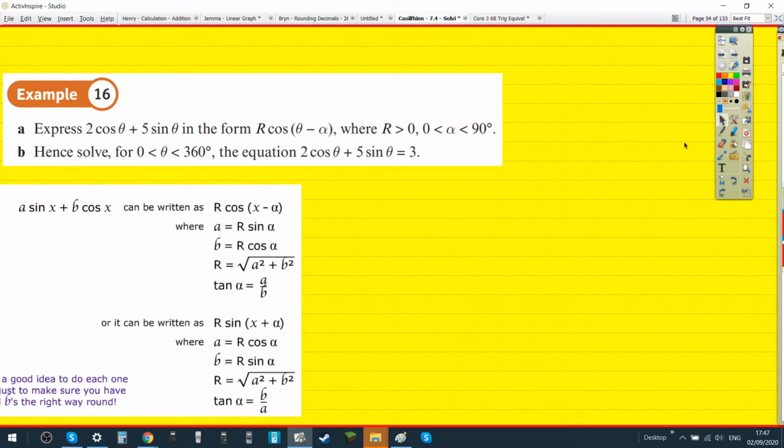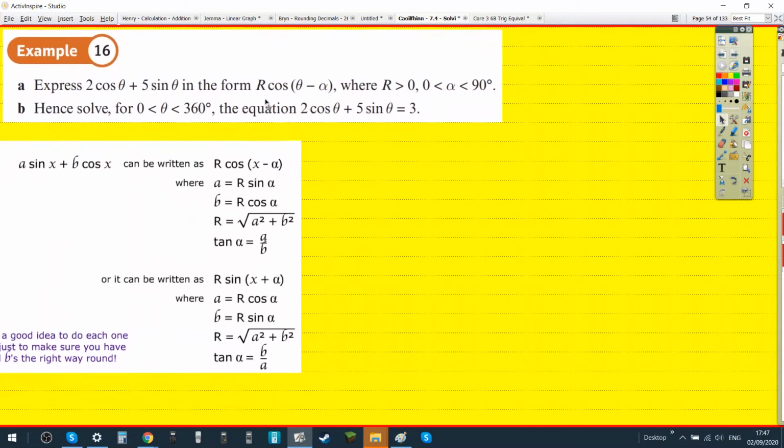So we use the rule for cos A minus B. So I think we'd have cos theta cos alpha plus sine theta sine alpha.